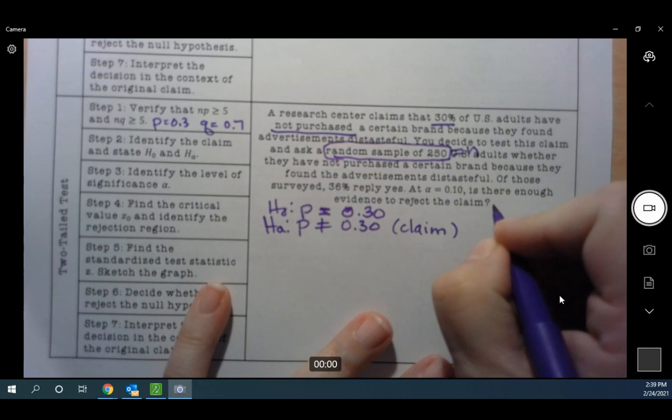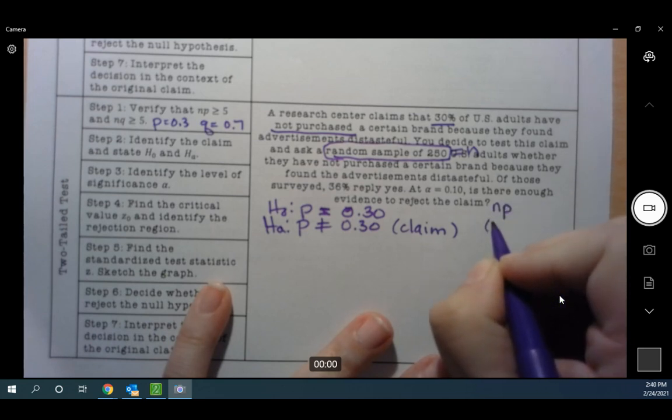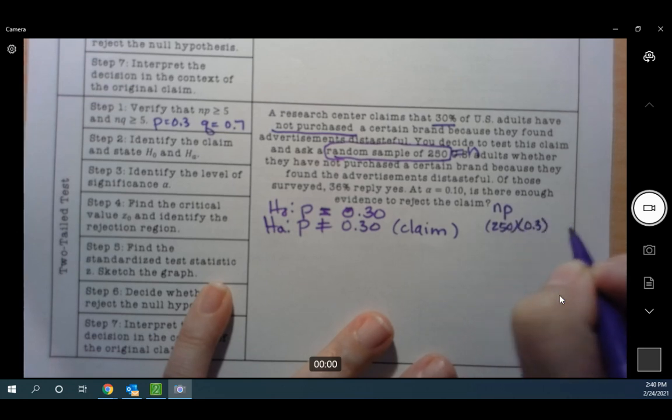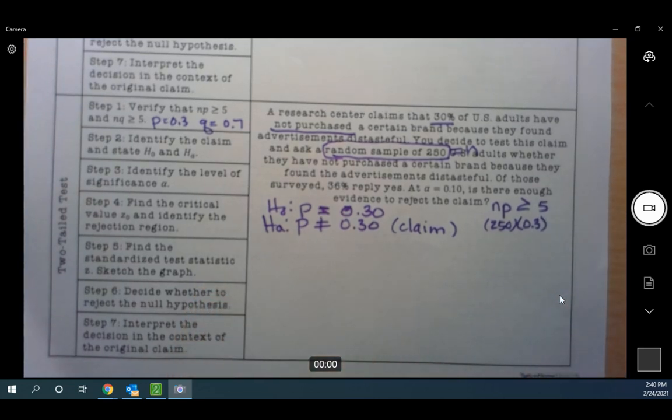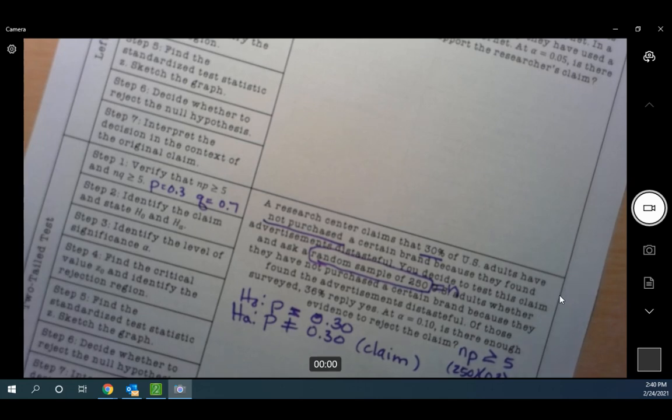So we need to do our real quick check. n times p, which is 250 times 0.3. We need to know, is that bigger than 5? I don't have that written on my paper, so I'm going to go ahead and do it on math.